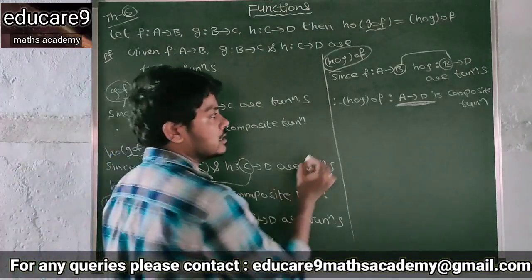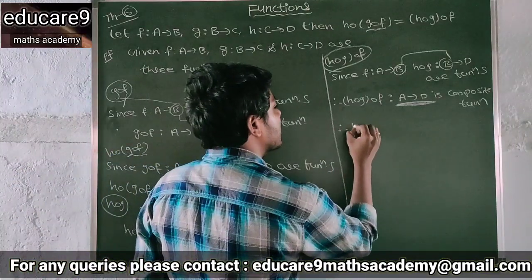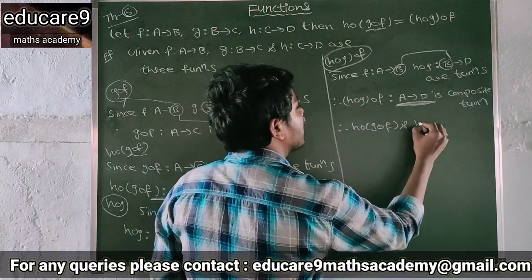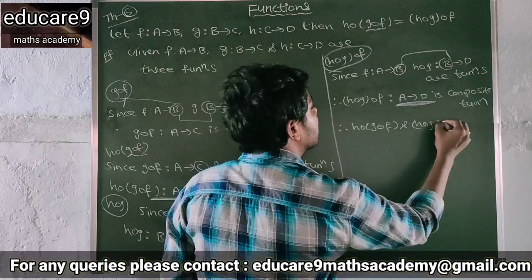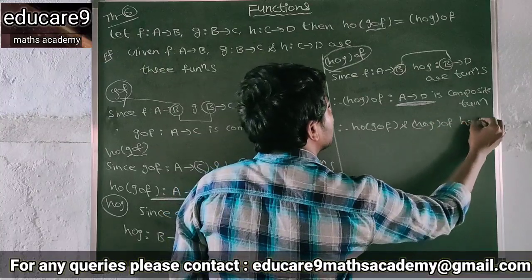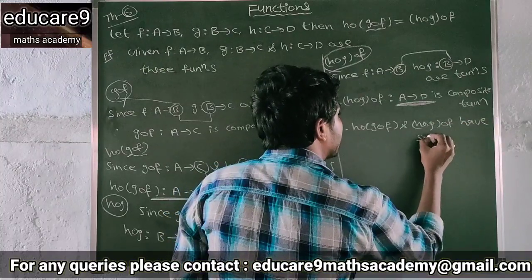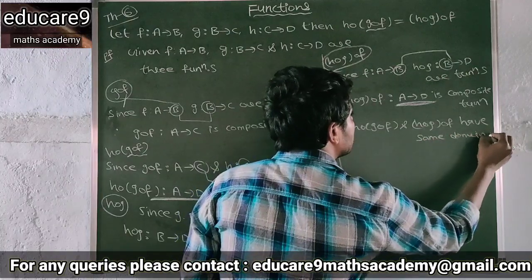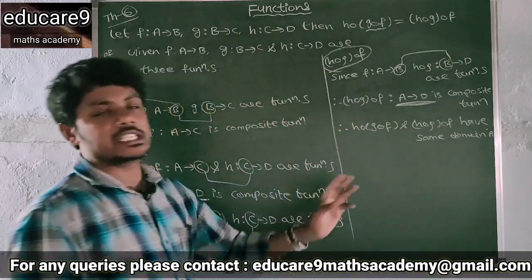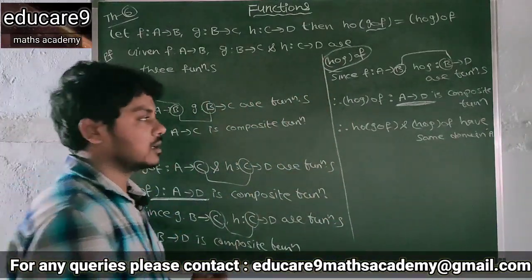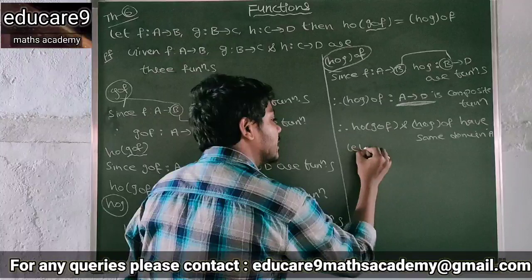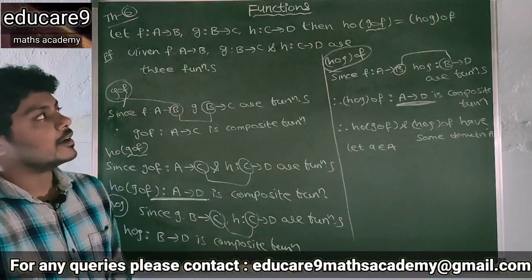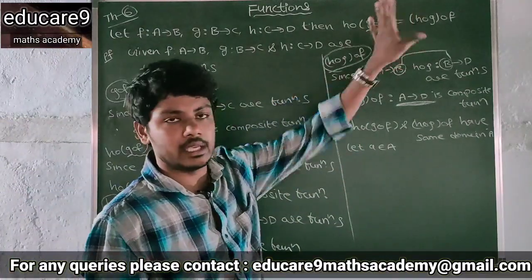So write in a sentence: therefore H circle G circle F and H circle G circle F have the same domain. What is the same domain? A only. Now consider some element in the same domain, that is, let a belong to A. Now we want to prove these two are equal.